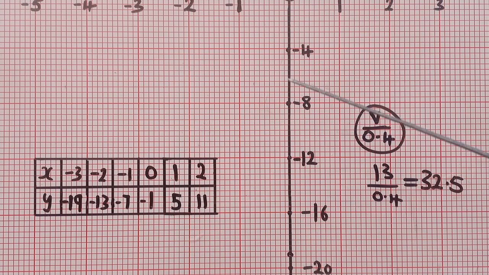Let's do it. From here to here contains 10 small boxes. Another 10, that is 20. Another 10, that is 30. So the 30th box is here. But we have 32.5. That means I will count 2.5. That is 30 now. 1, 2. That is 32. Okay, 31, 32. And then half.